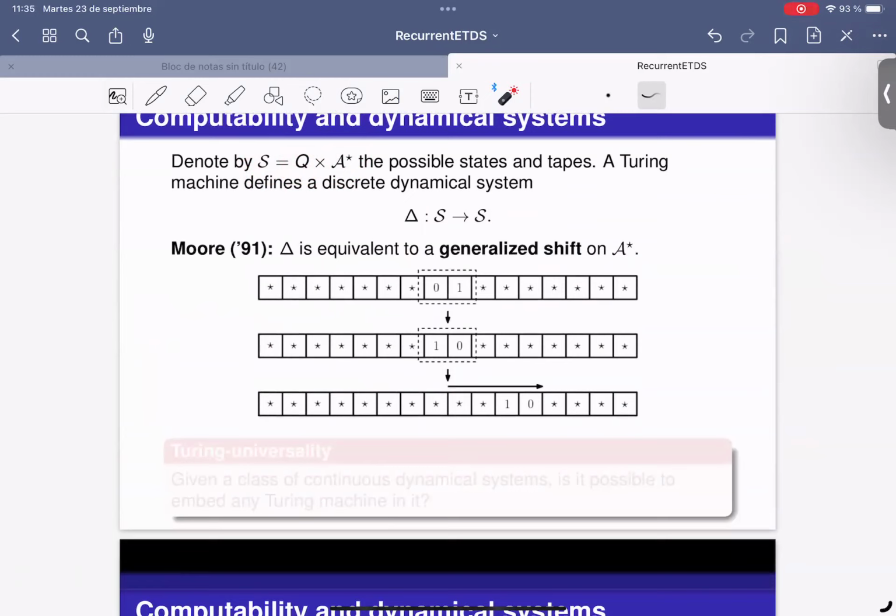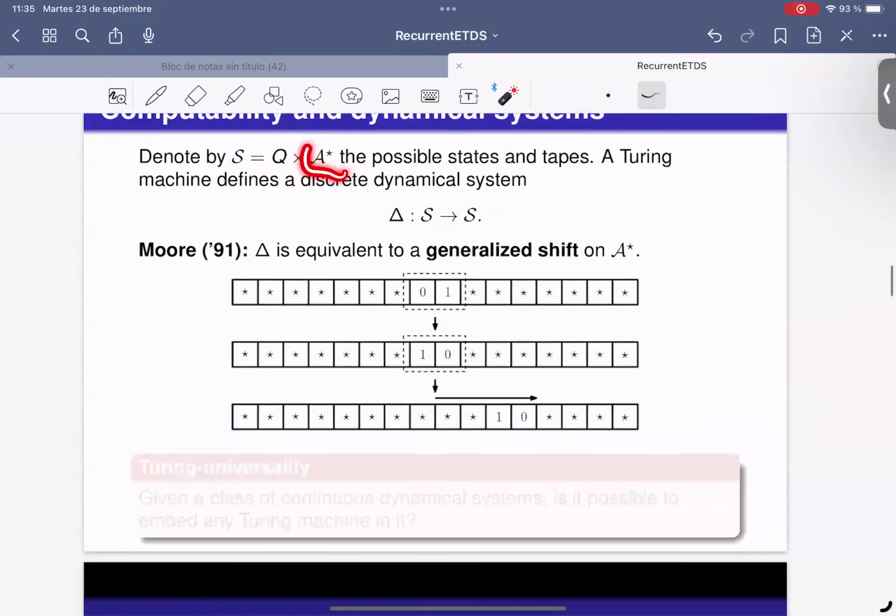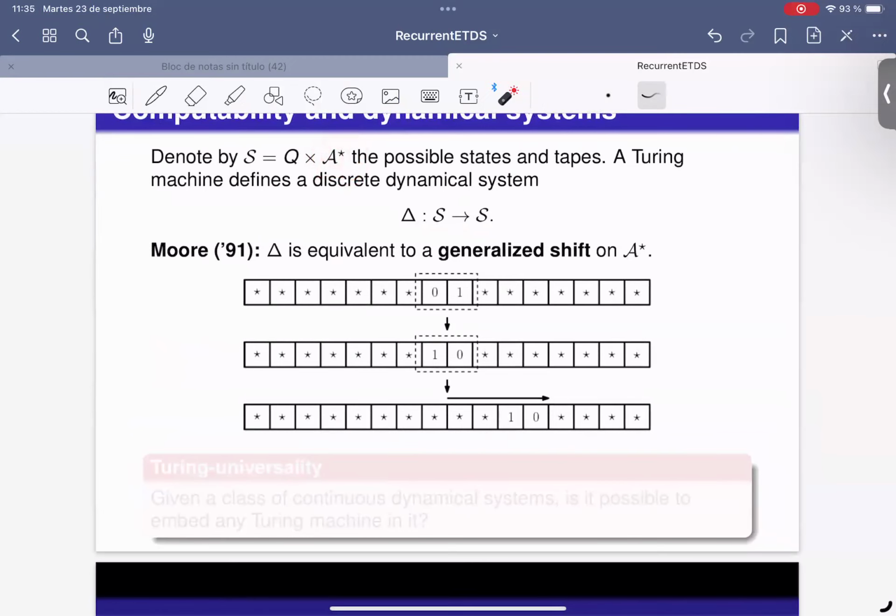And what happens is that a Turing machine defines a discrete dynamical system from the state space to the state space. If you are in a certain internal state, and you give me a certain tape, I will give you what is the resulting internal state and what is the resulting tape.